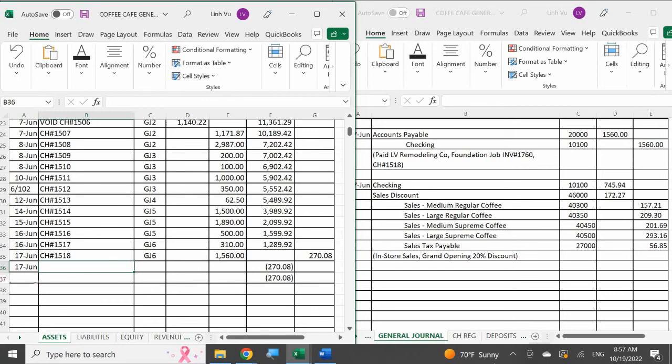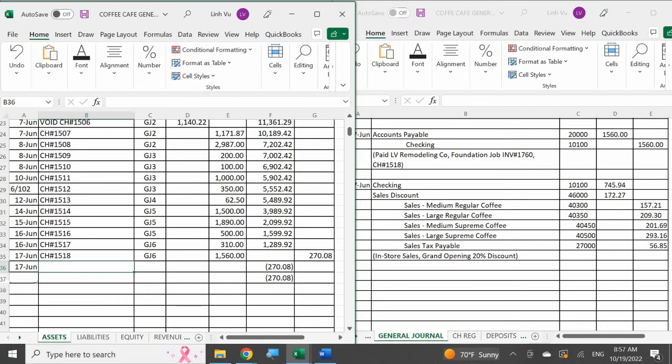So it's going to be a debit. And you're going to write deposit. You can write why you are putting the money into the checking account. What is it from? Where's this money from?